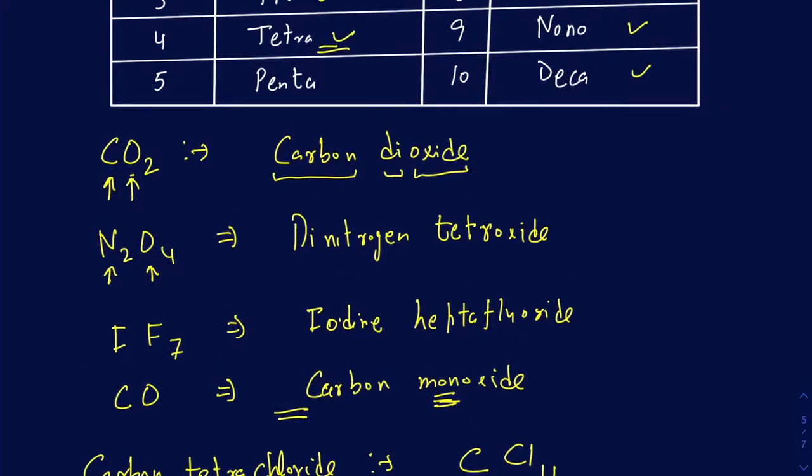Now, when you're doing the names of these ionic compounds and the covalent compounds, you must ask yourself the very first question: is this an ionic or covalent compound? And then you want to go in that direction. Anytime students forget to ask that question, if it's ionic or covalent, they will end up getting a wrong answer for the most part.